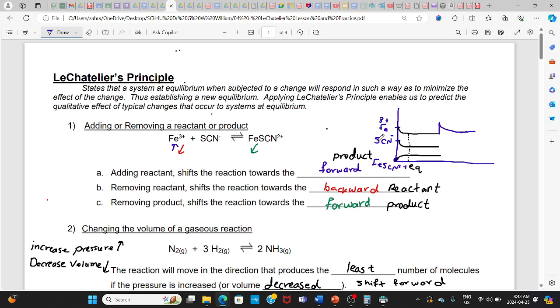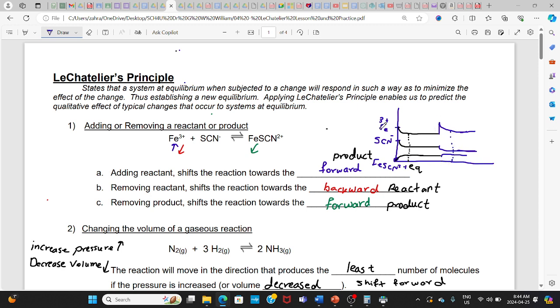What happens to the SCN? You didn't increase SCN, right? The reaction goes forward, so it just goes down and then becomes constant, equilibrium established. And because you're producing product, it goes up a little and gets to a new equilibrium. Let's say my new equilibrium is established somewhere like that.